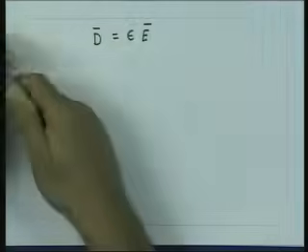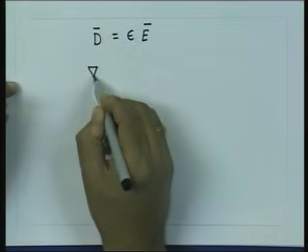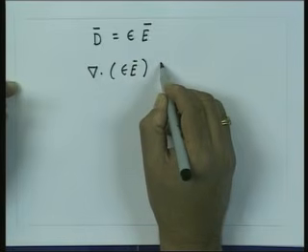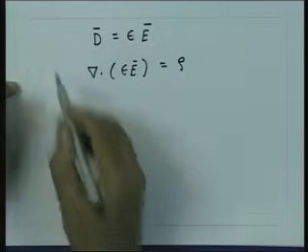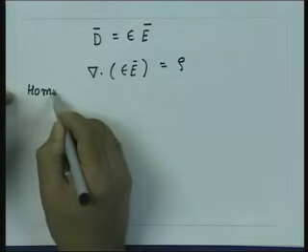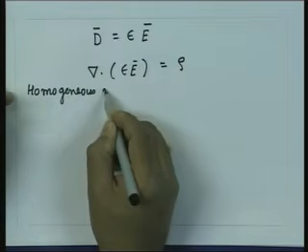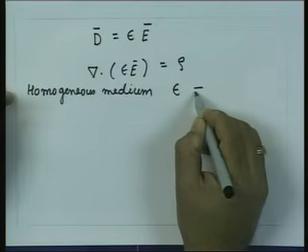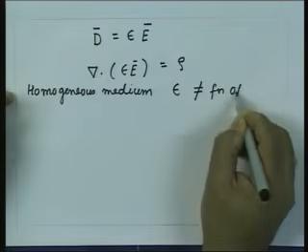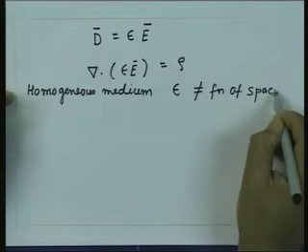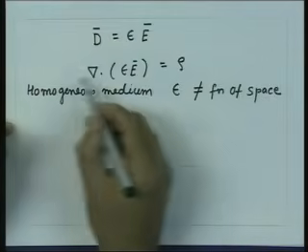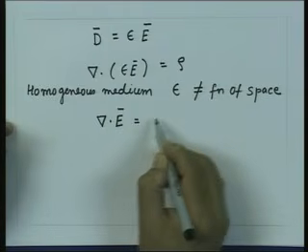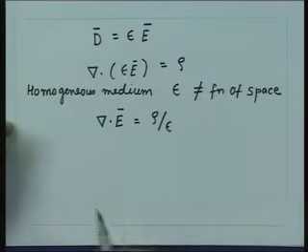So, the Gauss law can be written as del dot of epsilon E is equal to rho for a homogeneous medium, where epsilon is not a function of space. So, the epsilon can be taken out. So, I get del dot E is equal to rho upon epsilon.